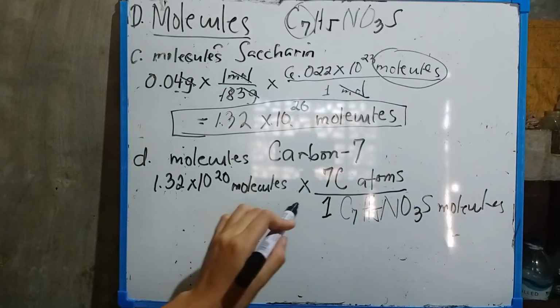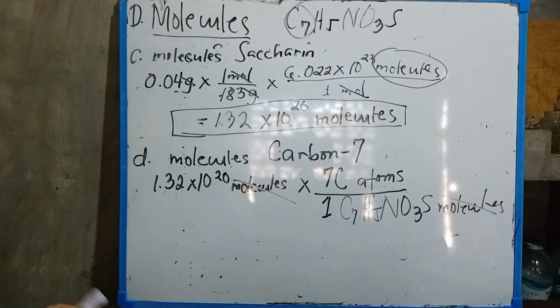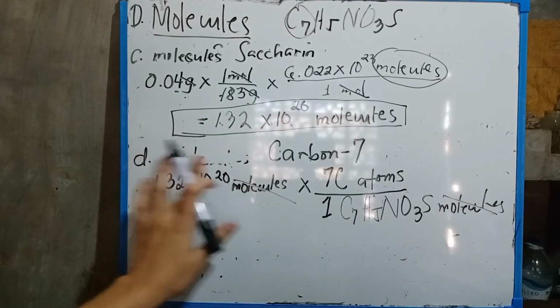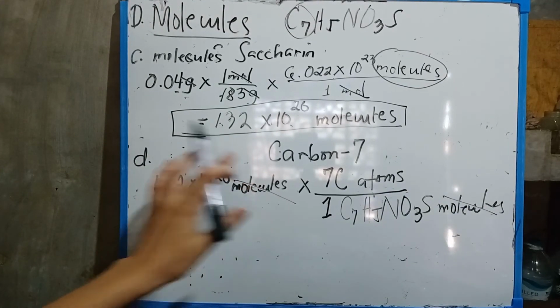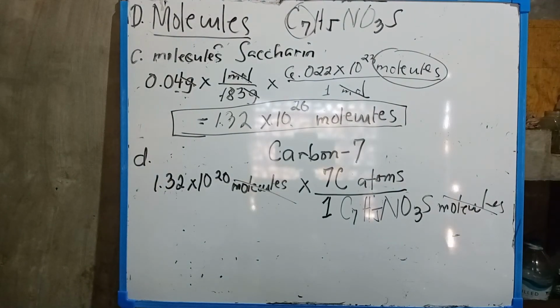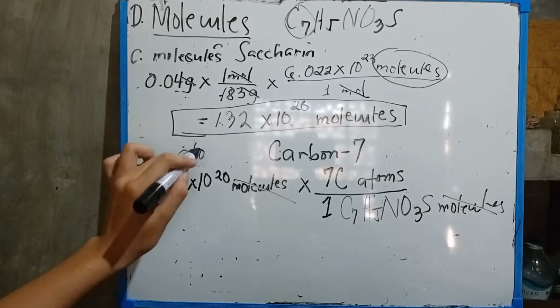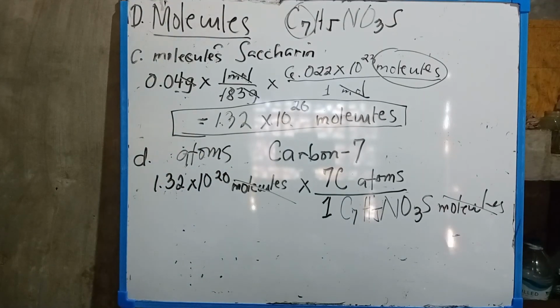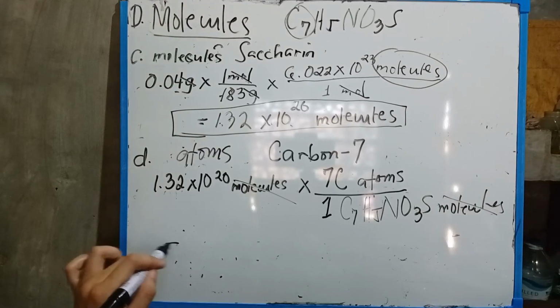We can now cancel out our molecule, and then ang mabili nato is our atom. Because the question pala is how many carbon atoms. So we're going to solve the carbon atoms. So we have 7 C, and ang mabili nato is our atom.